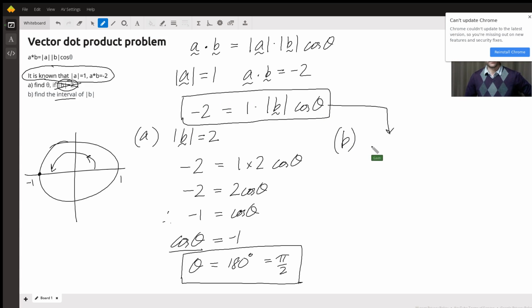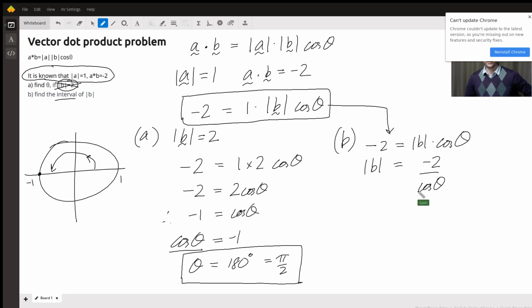If we simplify that, we get -2 equals the length of B times cos theta. And the question is, what's the interval for the length of B? Now it makes more sense, because B can be lots of possible values depending on theta. An interval means the range of values for the length of B. If you rearrange for B, you get -2 divided by cos theta.